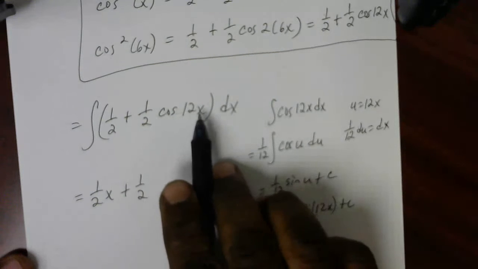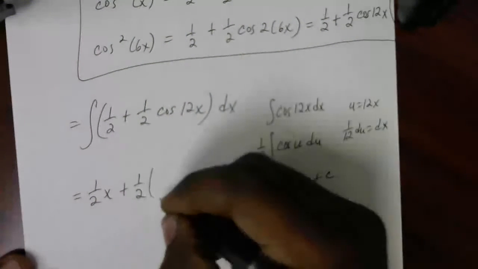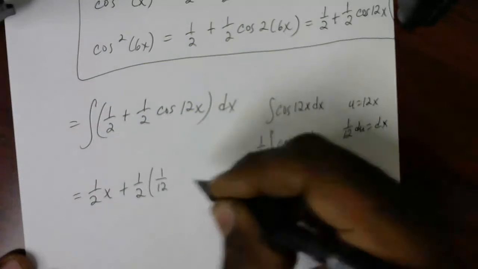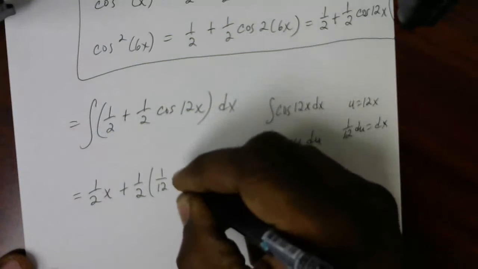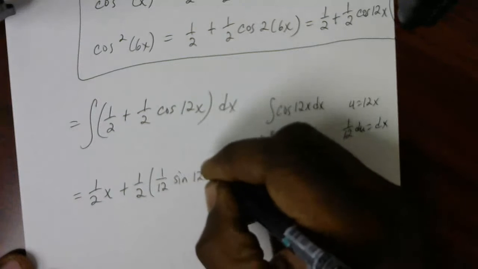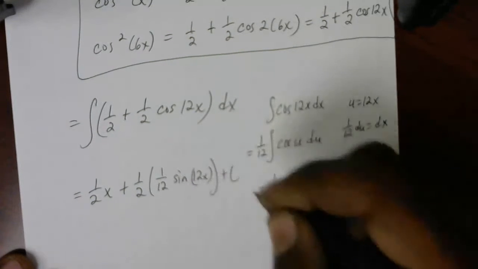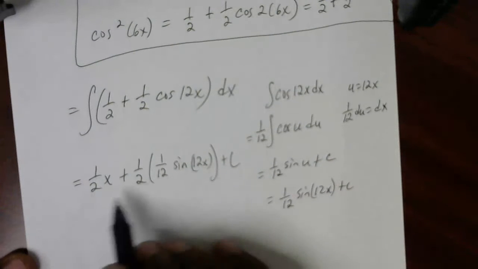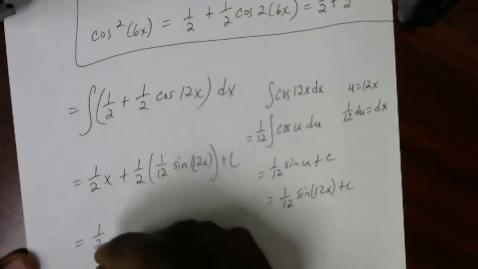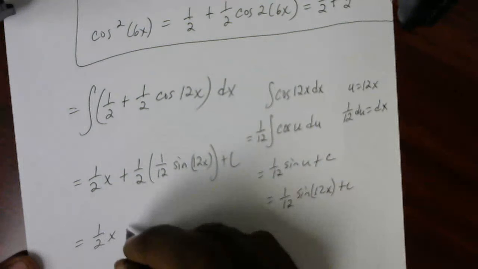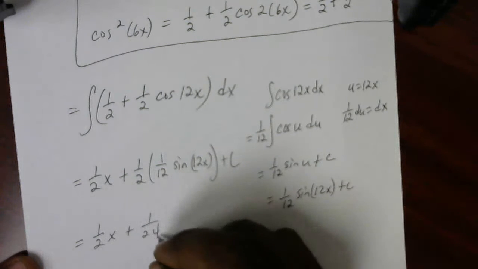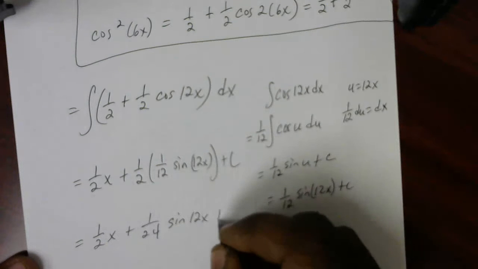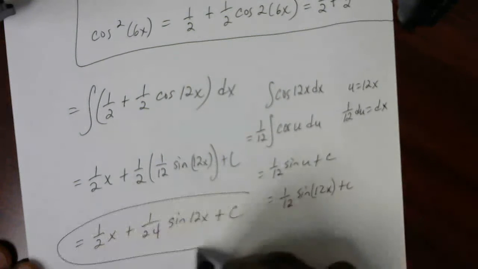So when we integrate cosine 12x, we have 1/12 times the sine of 12x plus c. And once we simplify, we have 1/2 x plus 1/24 times the sine of 12x plus the arbitrary constant.